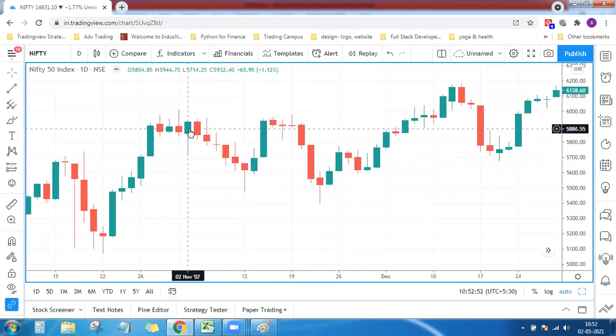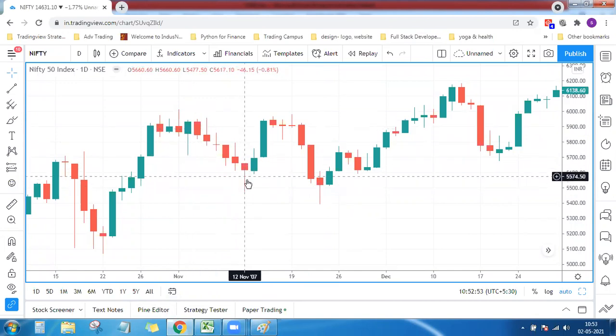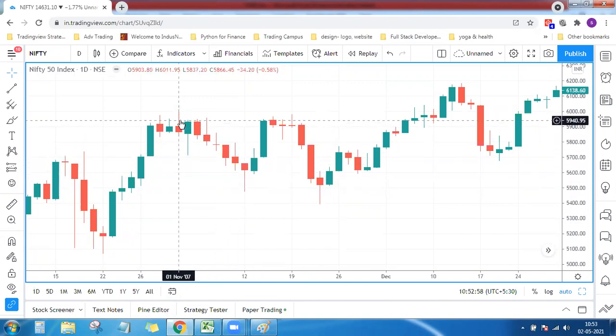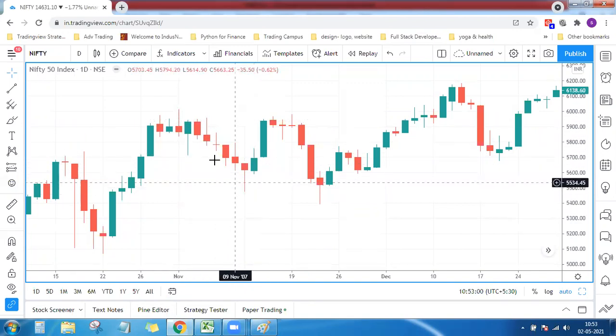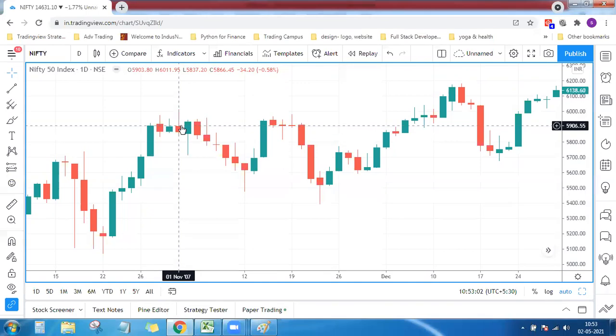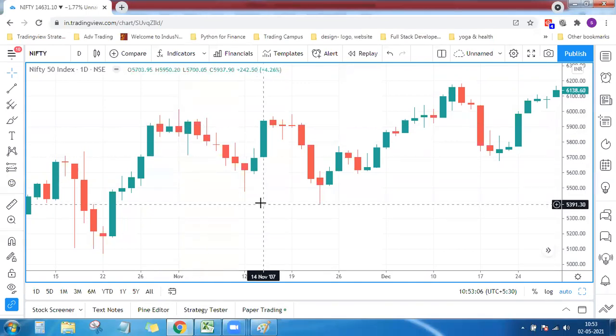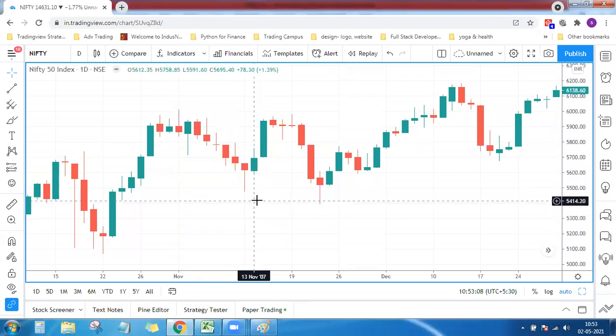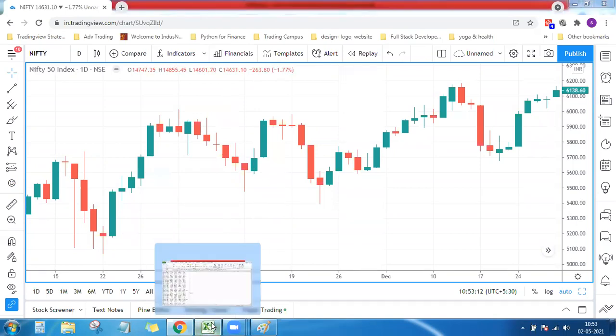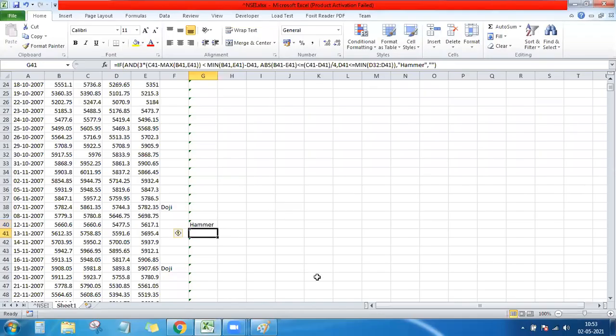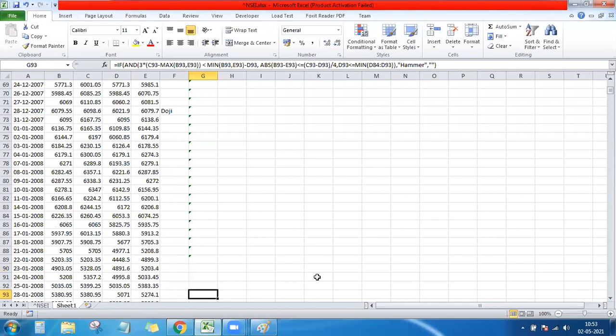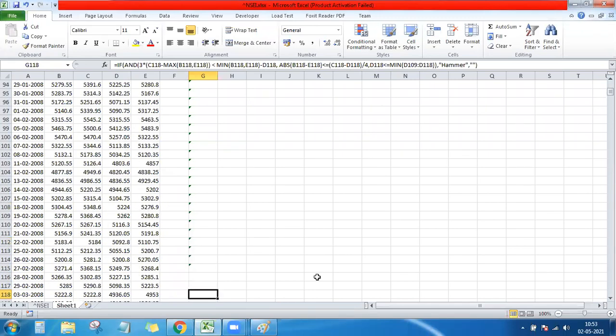Starting from here, you should count 10 candles back, and the current low is the lowest of all. So we are able to spot the downtrend in the price. That's the advantage of that condition. Sometimes it won't be true, but sometimes it would be true. So you're able to spot a hammer pattern using the conditions over there within Excel.